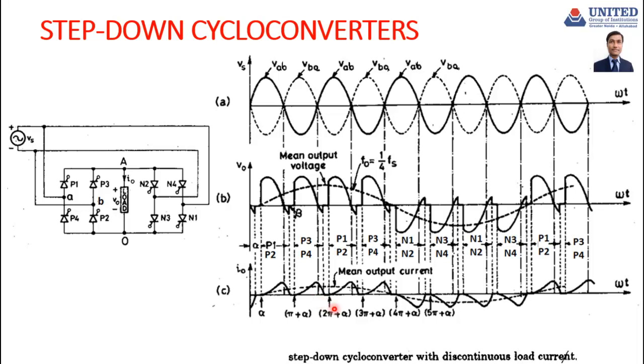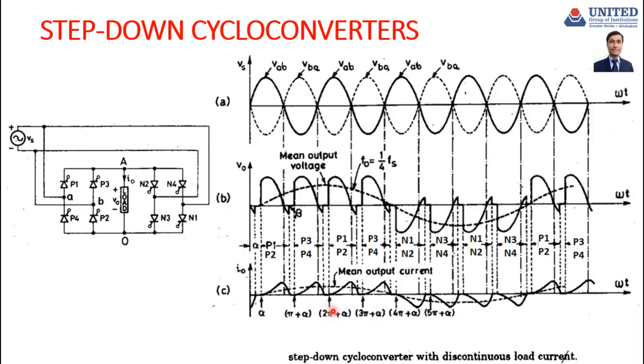The load current is 0 during the period pi plus beta to 2 pi plus alpha. Since thyristors P1, P2 and P3, P4 conduct for the duration beta minus alpha, which is less than 180 degrees, the load current becomes discontinuous.